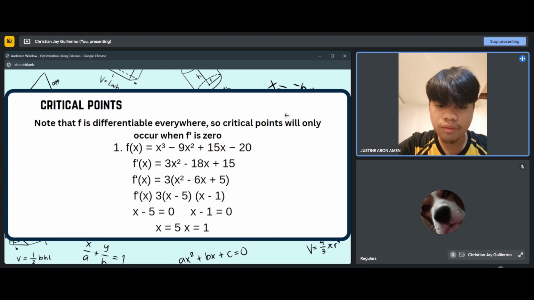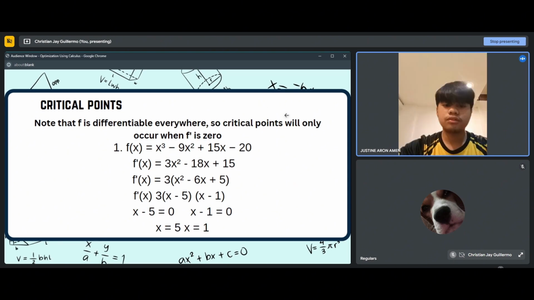So we have x - 5 and x - 1. So here, we have x - 5 = 0 and x - 1 = 0. So, these are our critical points. We have x = 5 and x = 1.